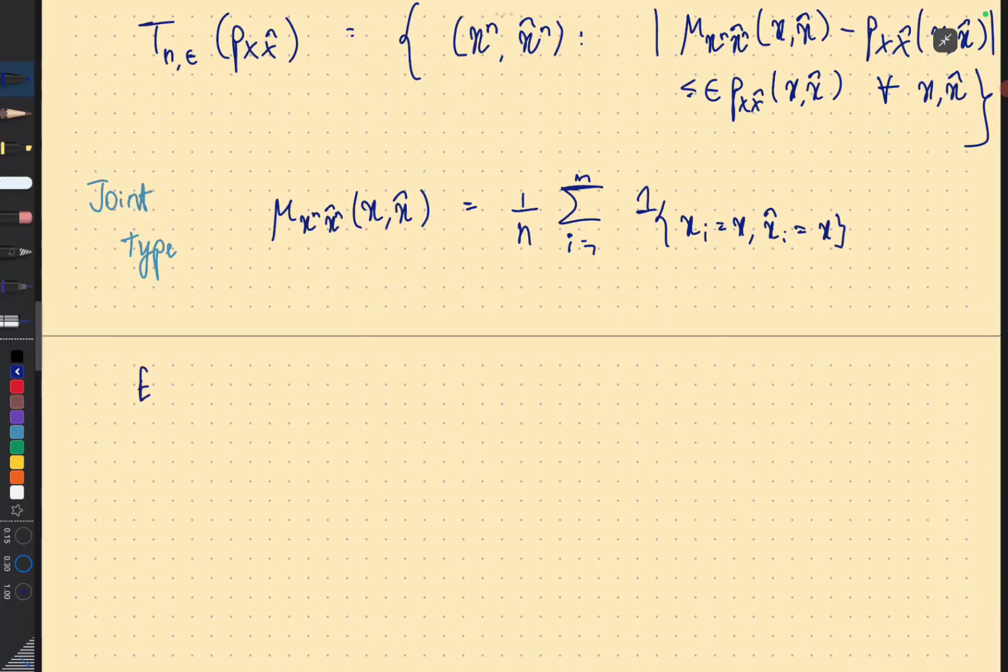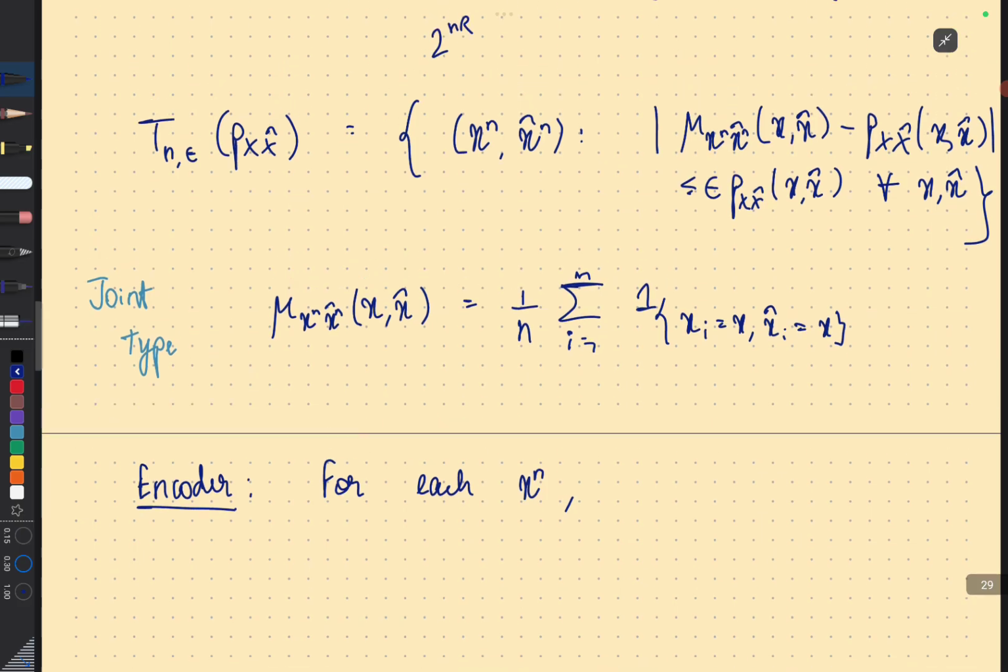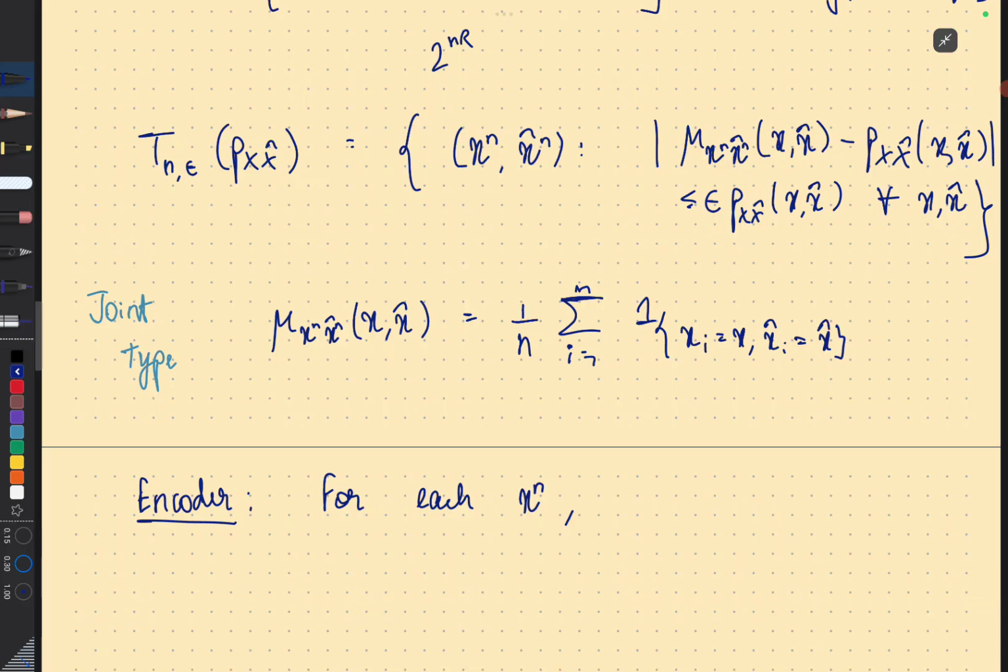Alright, so the encoder will work as follows. You take a particular x^n. Shouldn't that be indicated x_i equal to x^n? That's right, this should be x^n. Correction.